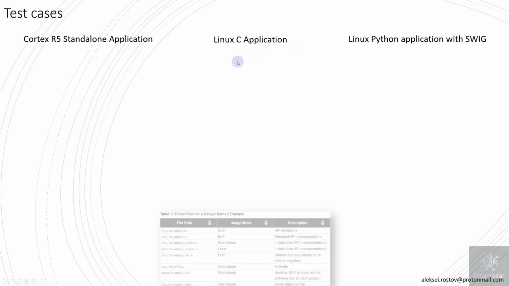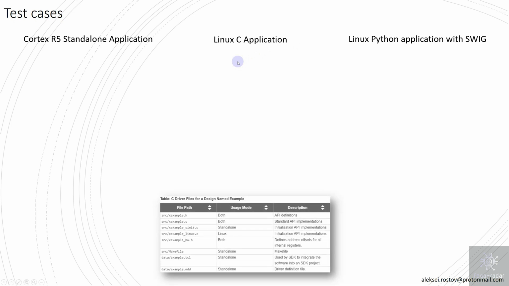Okay, so let's run three software cases. Before I start, I would like to mention the drivers for high-level synthesis. This is a set of common drivers, and the description of the drivers can be found in the Vitis HLS documentation.